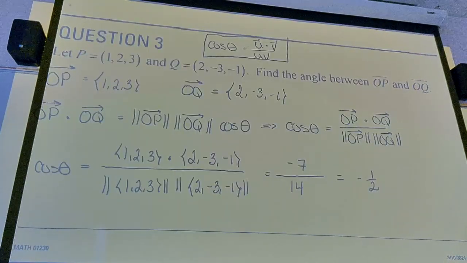How'd you get it? Well, it's negative cosine. The only way to get negative 1/2 is to go 4 pi over 3 angles from 0.